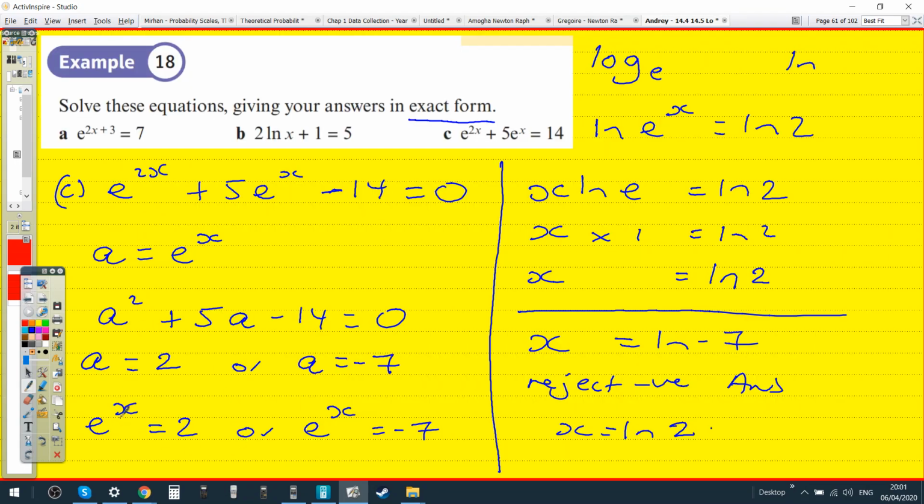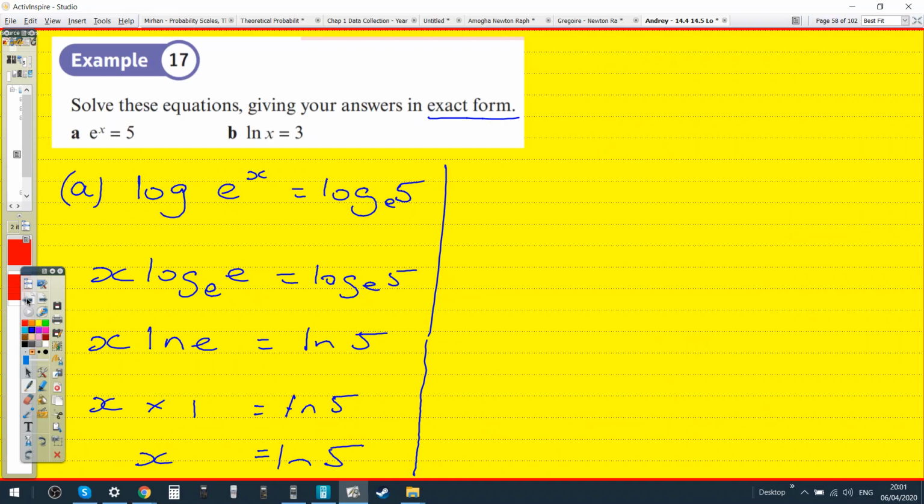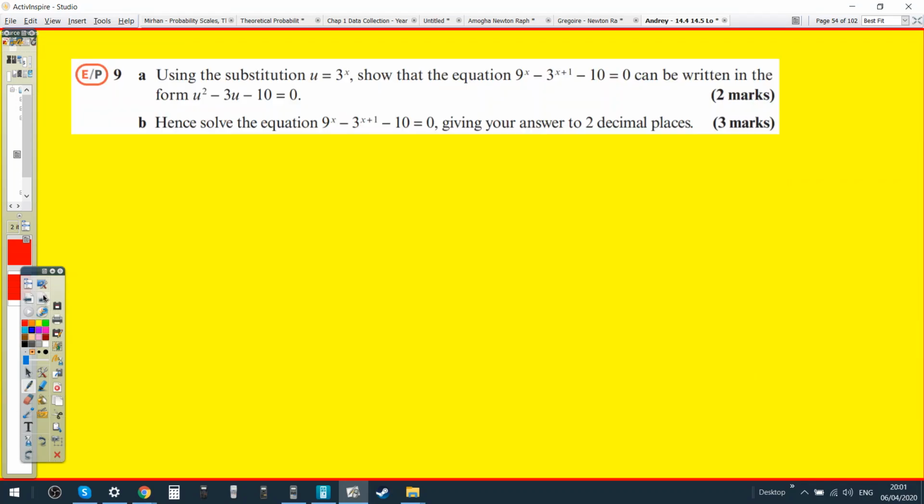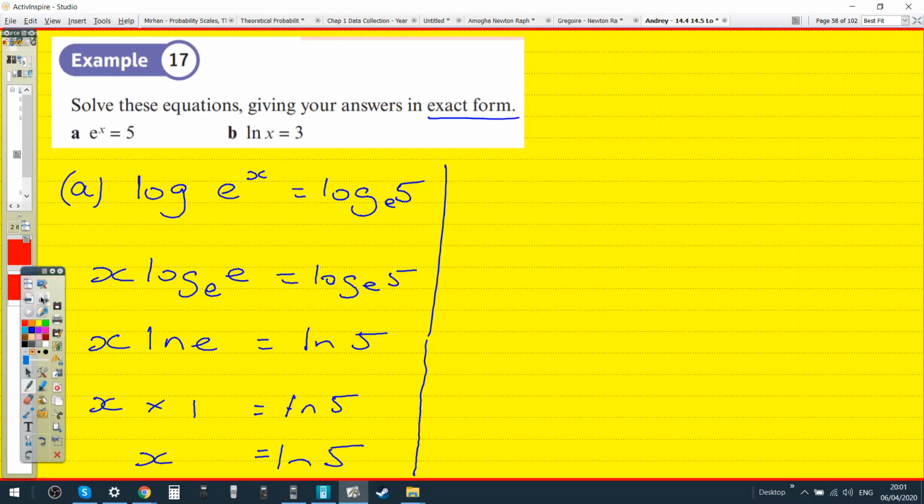So, yeah, you take ln of both sides. So e to the x is equal to 2, so x is ln 2. E to the x is equal to minus 7, so x is ln of minus 7, and we had to reject that. And so it's just using logs in reverse. Yes, take logs of both sides. And for this one, it was e, so we're taking ln of both sides.